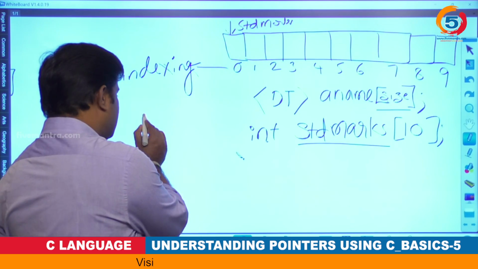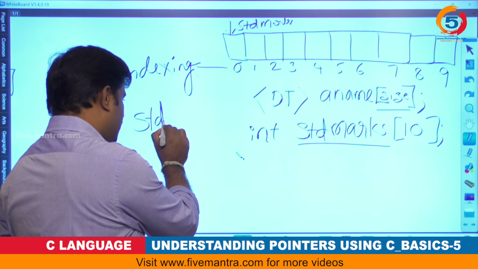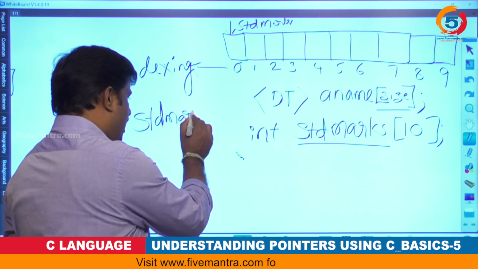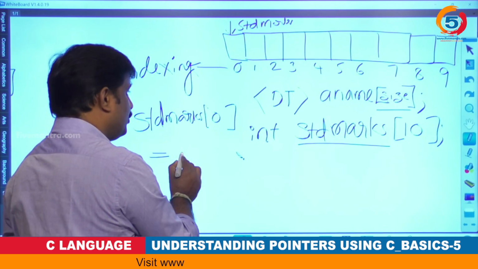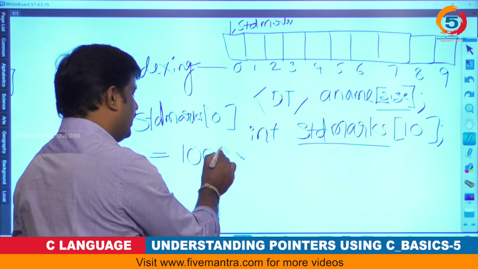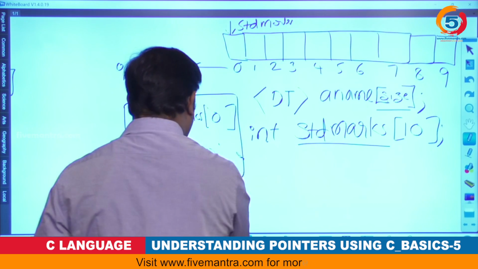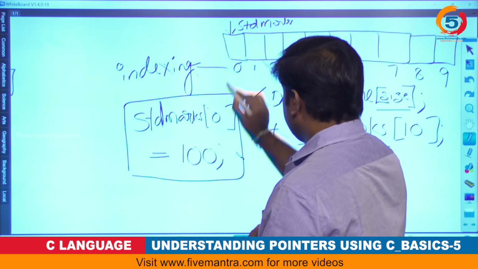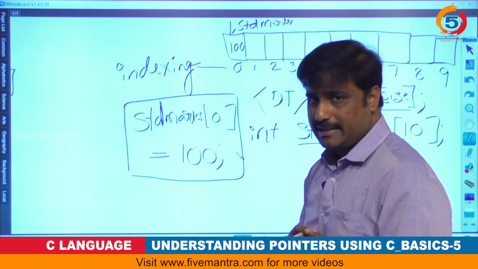How to access: your array name, std_marks square bracket 0 equal to 100. With the help of this statement, in the 0 place the 100 will be assigned.